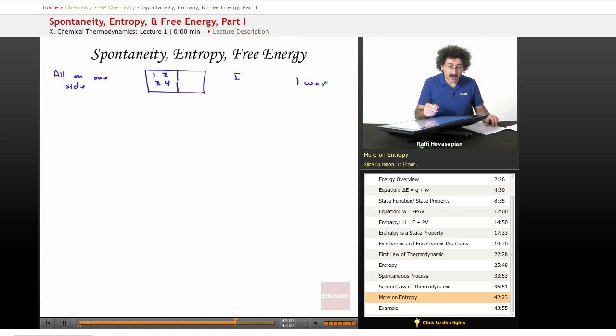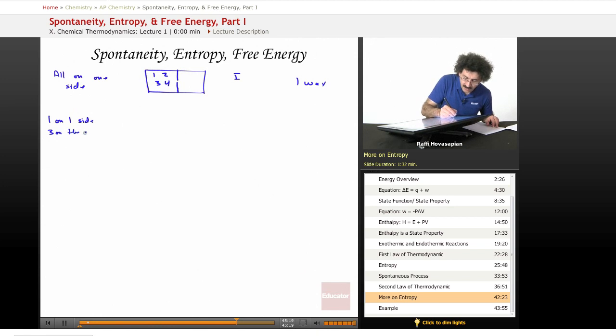Okay, now how many different ways are there to arrange it so that we have one thing on one side and 3 on the other? So 1 on one side, 3 on the other.